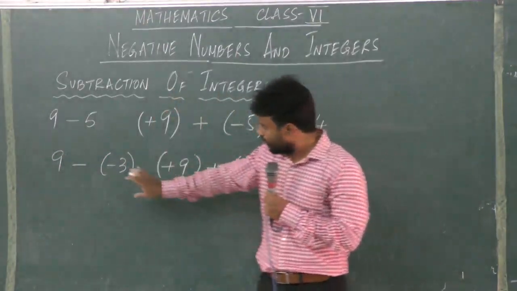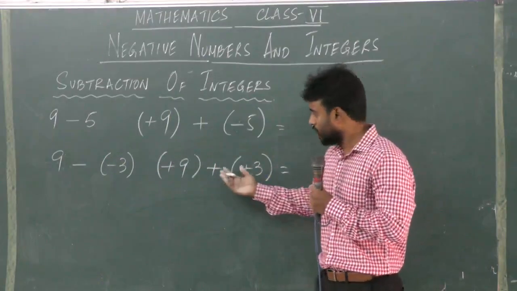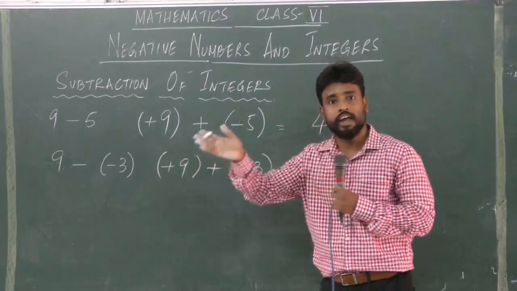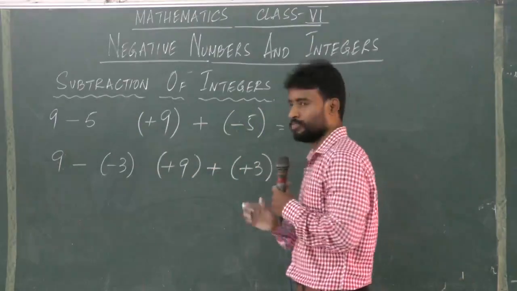So we'll write the opposite of minus 3. It will become plus 3. So therefore, now we can add 9 and 3 according to the addition rule. 9 and 3 will give you 12 as the answer.